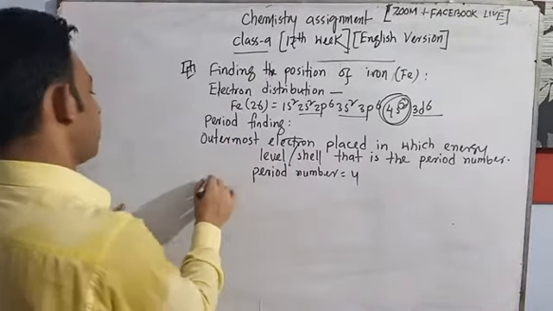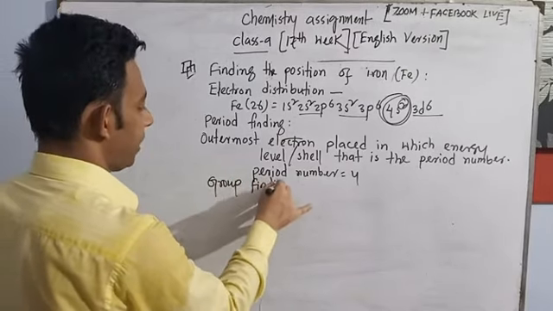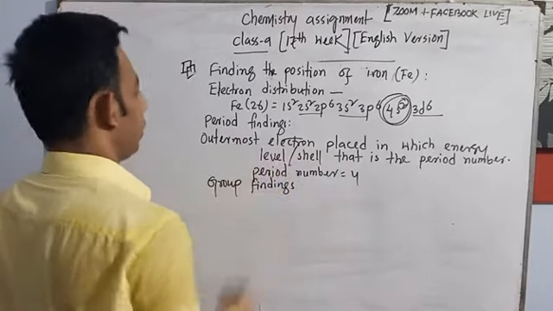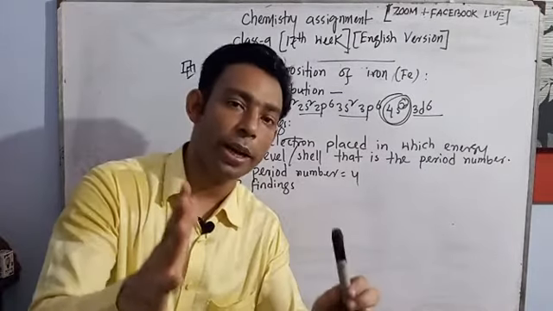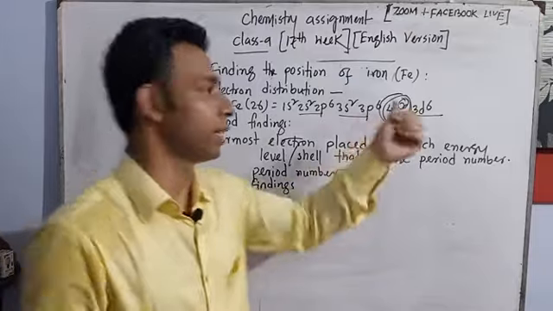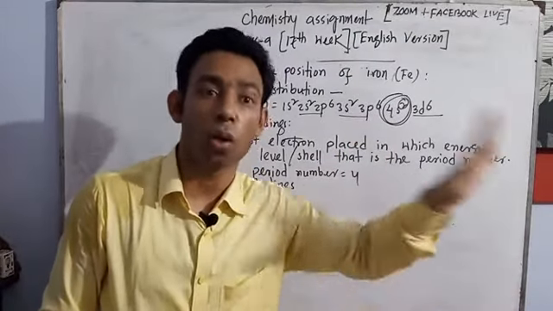Now group numbers, group findings. Okay, listen. We know about finding the group. The number of electrons in the last shell or outermost shell is the group number according to the normal rule.